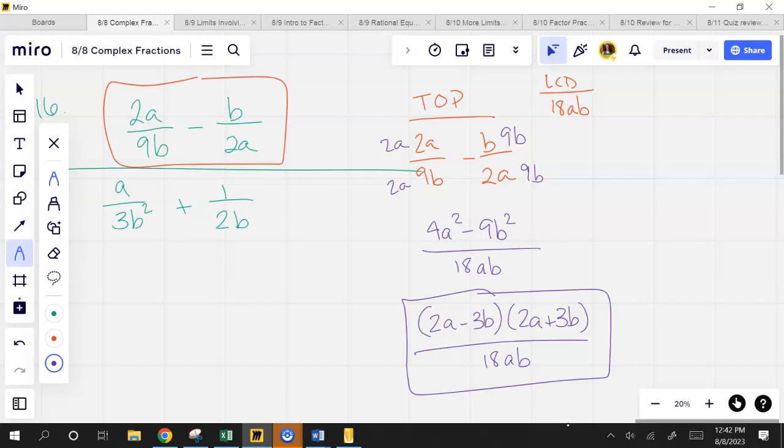Yes, difference of 2 squares there. If you got here, you just didn't factor that top, that difference of 2 squares. So it's the square root of the first and the square root of the second, 1 plus and 1 minus.